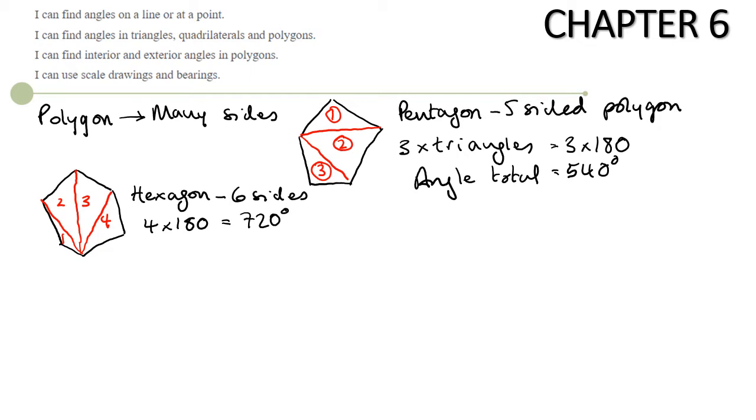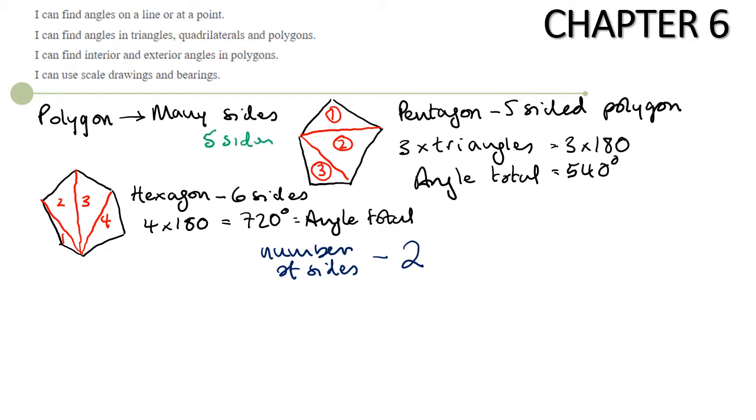Now you may have seen a pattern here. If I look at the number of sides, can you see that the number of triangles is 2 less than the number of sides? So here I had 5 sides, 3 triangles. Here I had 6 sides, 4 triangles.